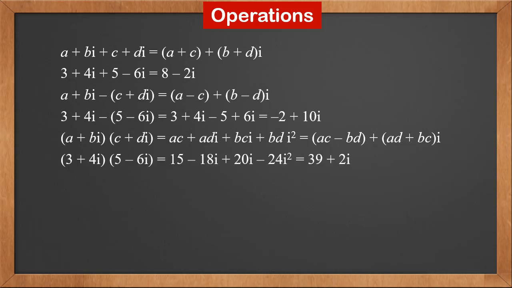For example, (3 plus 4i) times (5 minus 6i) is 3 times 5, which is 15, minus 3 times 6i, which is minus 18i, plus 4i times 5, which is plus 20i, minus 4i times 6i, which is minus 24i squared, or plus 24. So the result is 39 plus 2i.